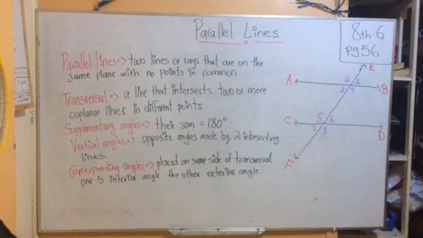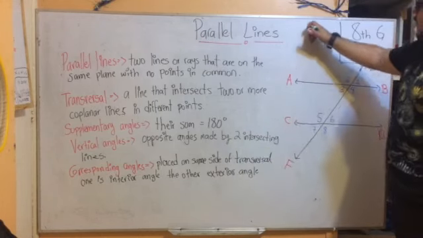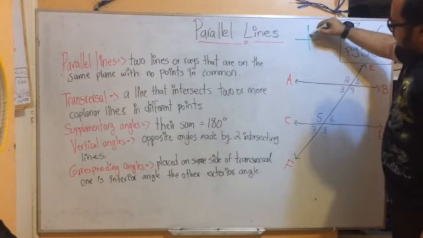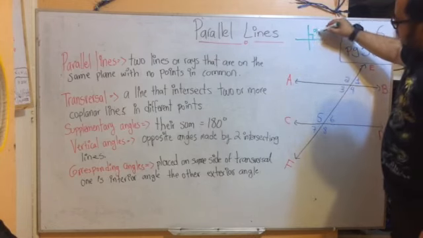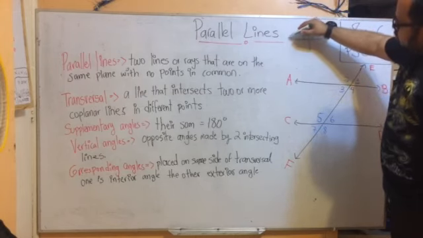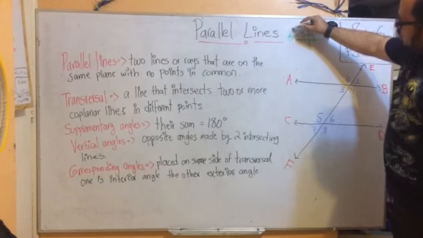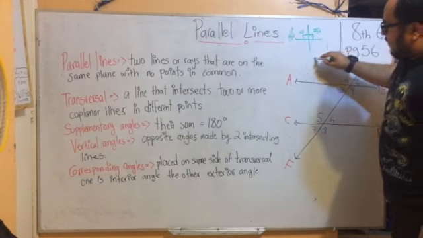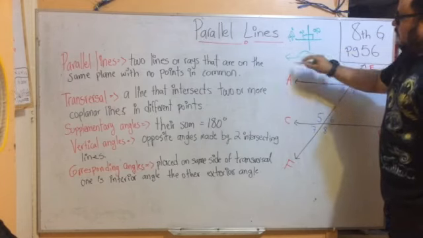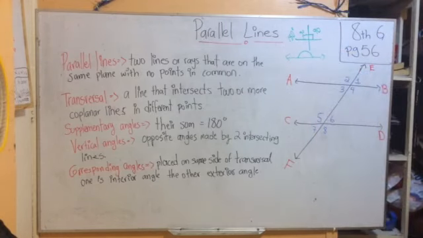Supplementary angles means their sum, their addition, is 180 degrees. Remember when we have a coordinate plane, this is the measurement 90, this is another 90, but between these two is 180 degrees. So when we have a line, this angle is 180 degrees.